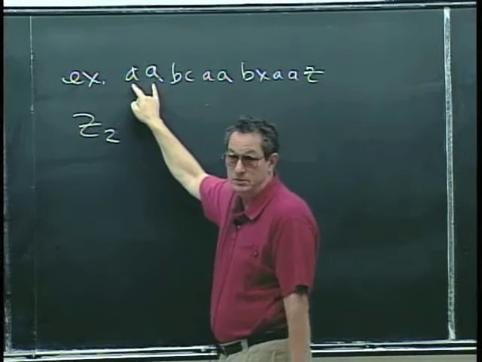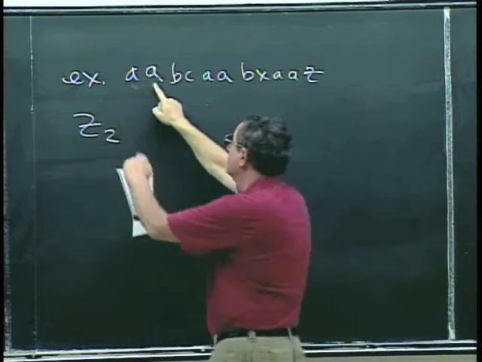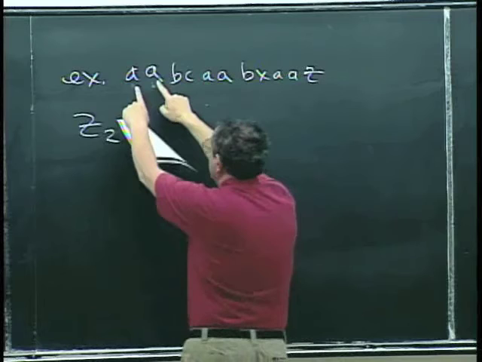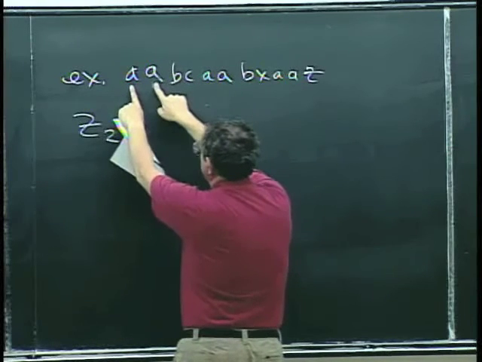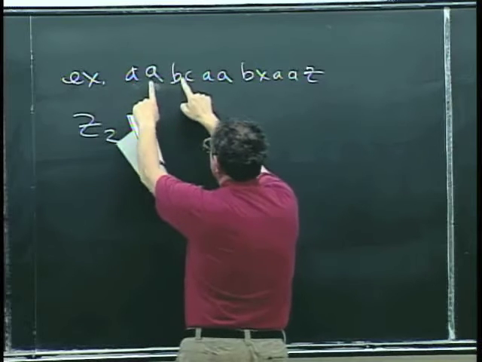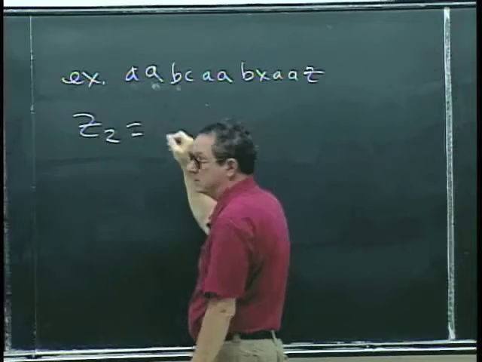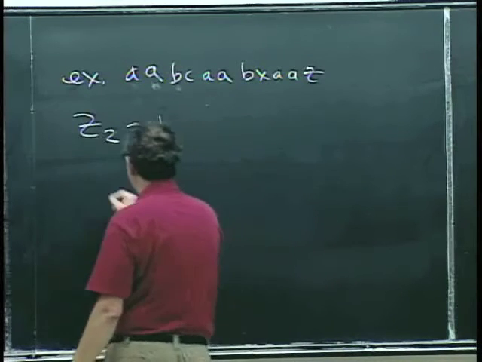Initially it matches prefix A. It's useful to have two fingers for this on two different hands. So 2 matches 1, but then 3 does not match 2, so Z2 is equal to 1. Right. And what is Z3?